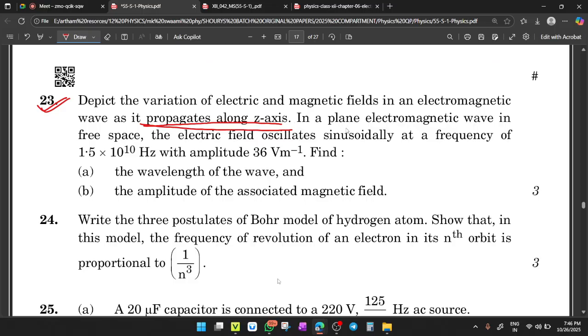Part number one: in a plane electromagnetic wave in free space, the electric field oscillates sinusoidally with a frequency of 1.5 into 10 to the power 10 hertz and with an amplitude of 36 volt per meter. Find first the wavelength of the wave, and second, the amplitude of the associated magnetic field.